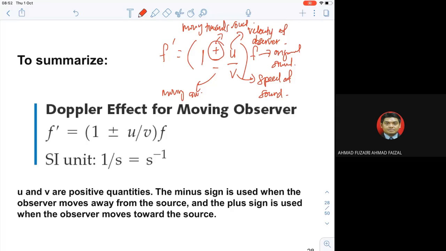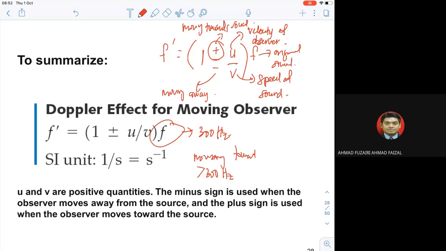Okay, just to summarize this: it is the frequency. Let's say you have 300 hertz. For moving towards the sound, when you calculate, you must get a value higher than 300 hertz.